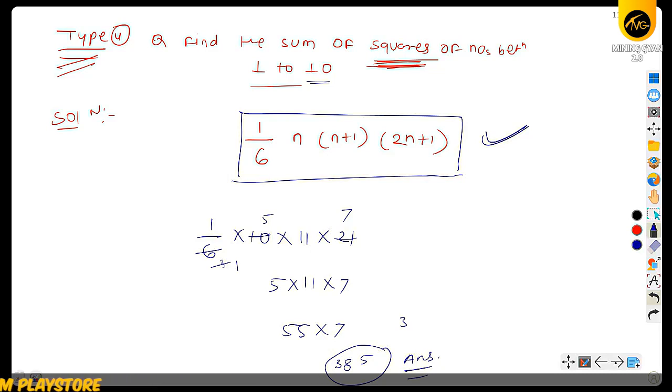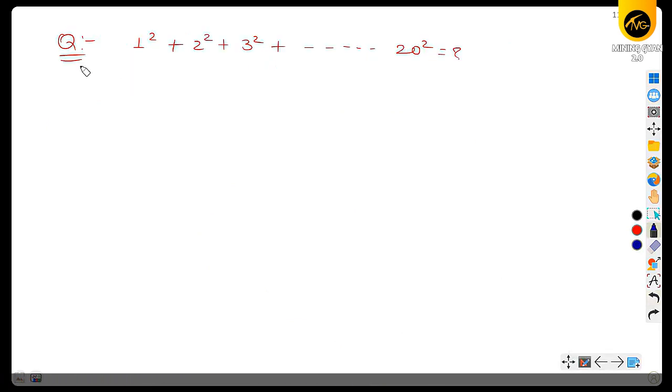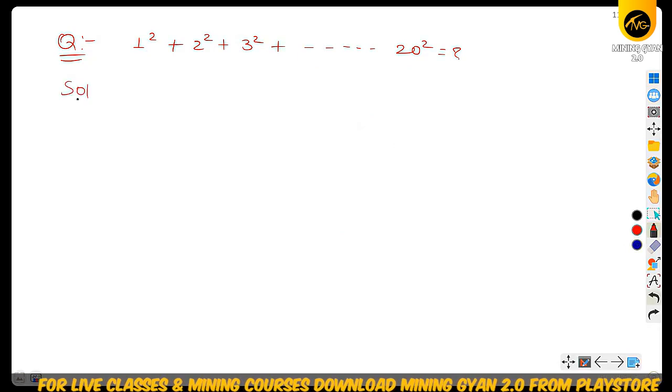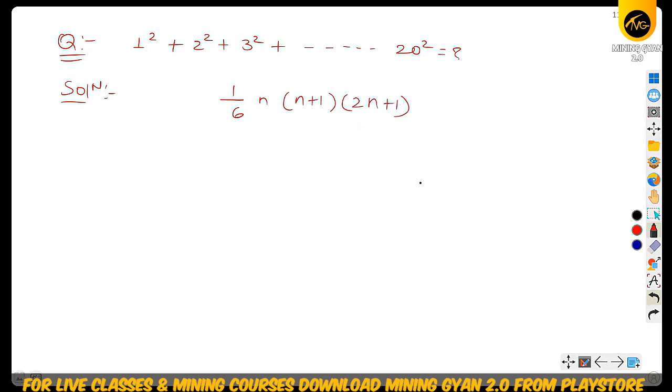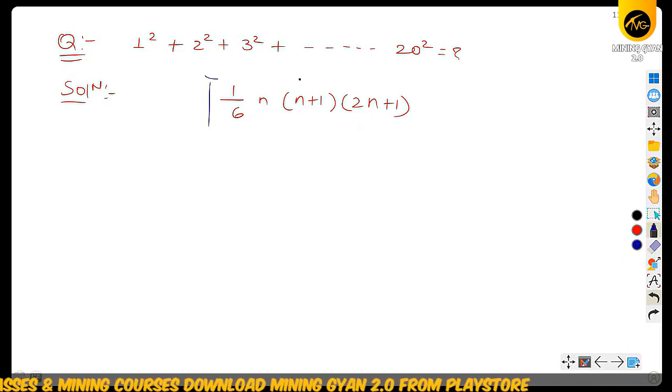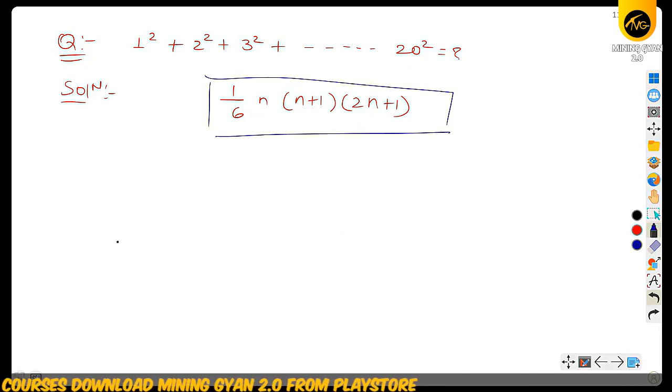Now suppose we have a series of numbers like 1 square plus 2 square plus 3 square up to 20 square. In this case again we have to use the same formula, 1 divided by 6 n into n plus 1 into 2n plus 1, and just put down the value of n.